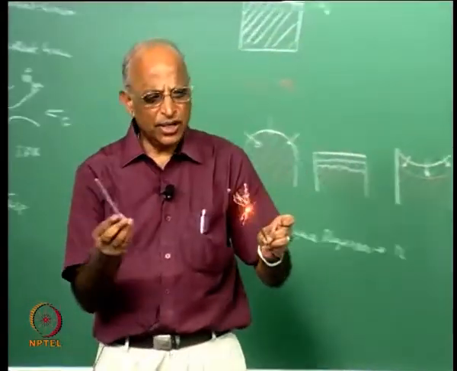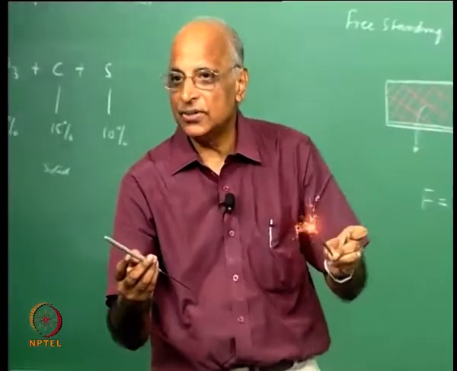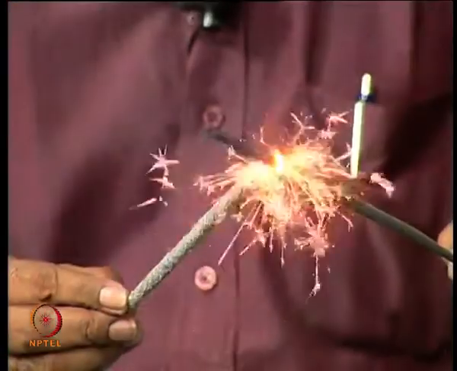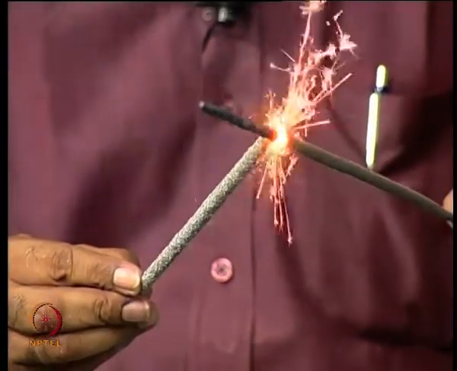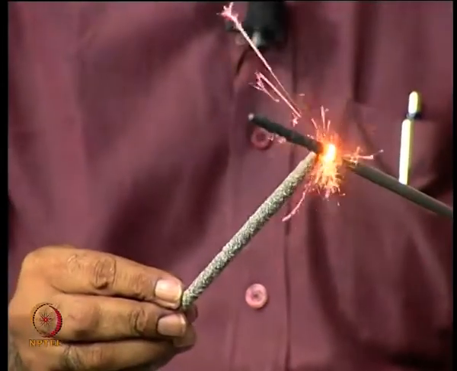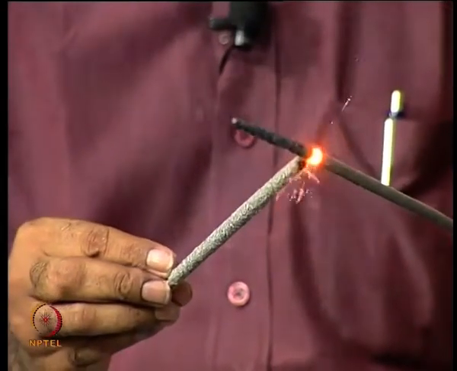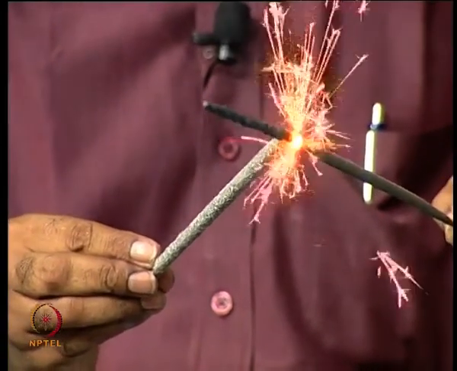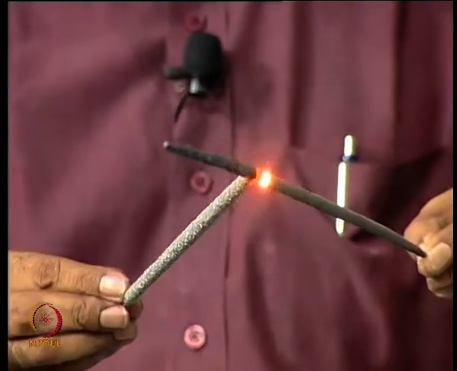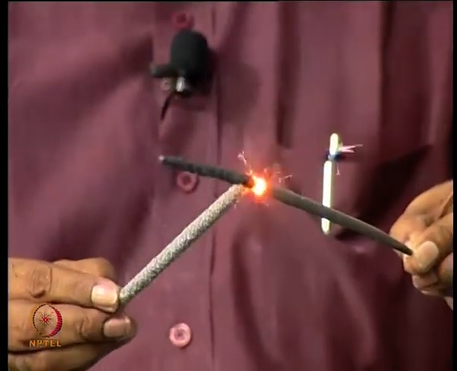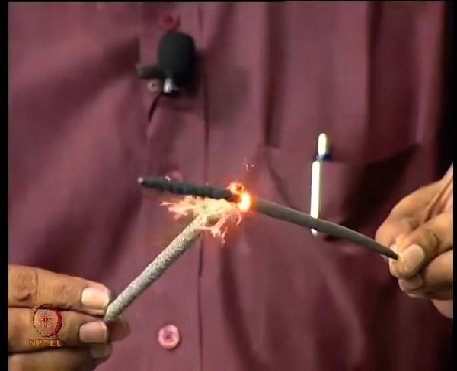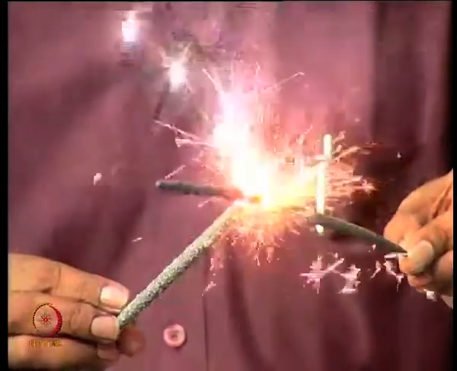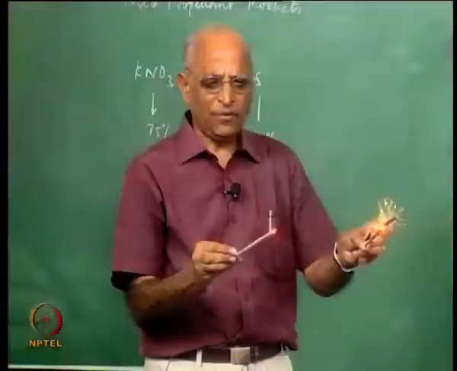See, in this sparkler the same composition is used, but some iron filings are used, some metal is added, and if I were to ignite the metal, you see the distinct effect of the metal.